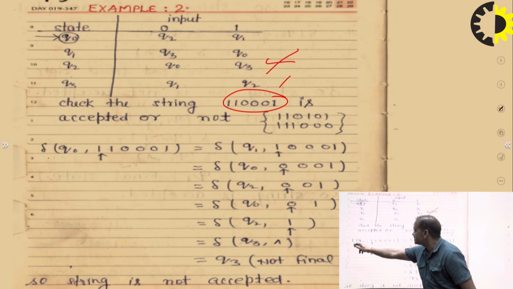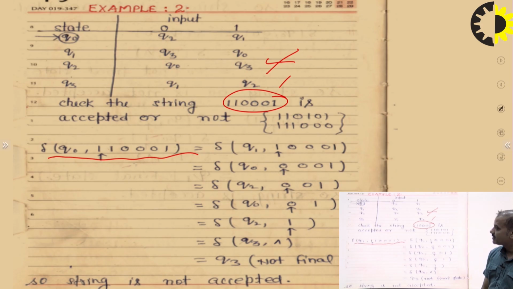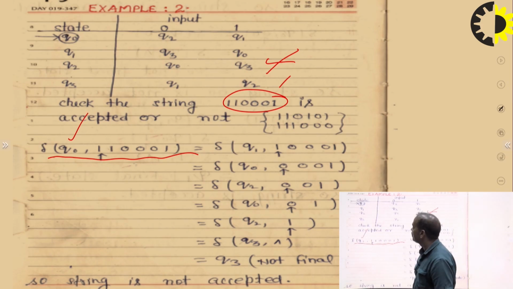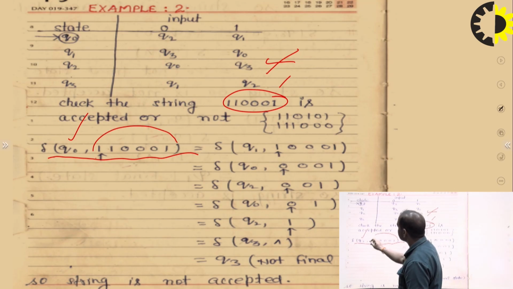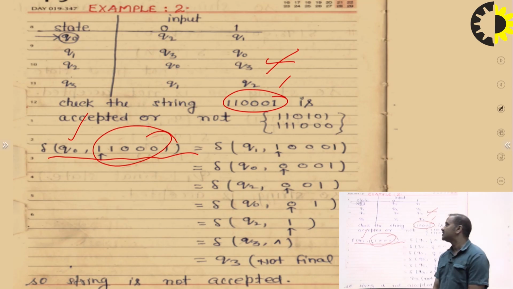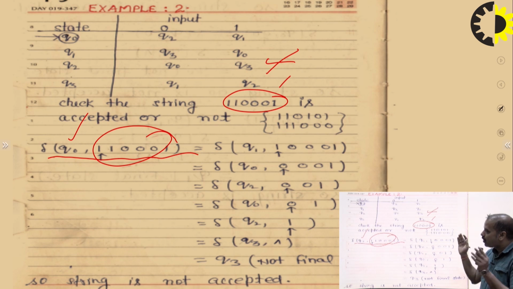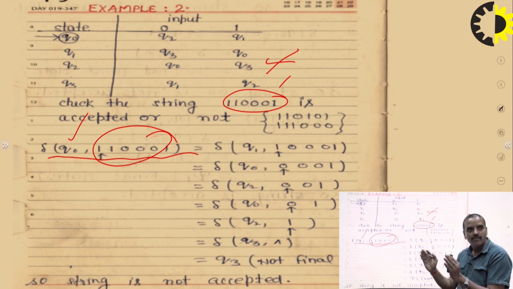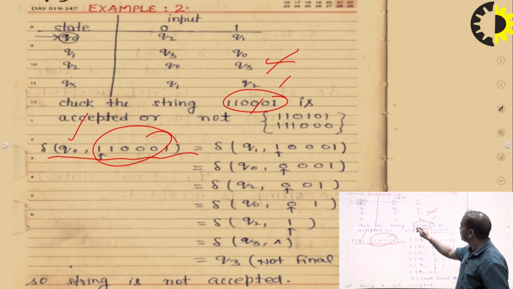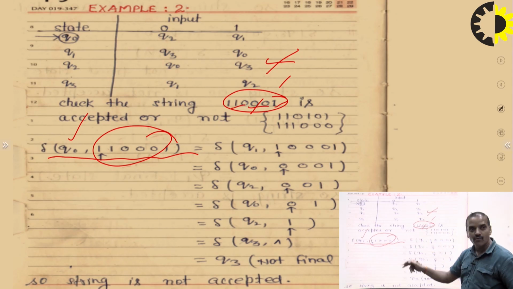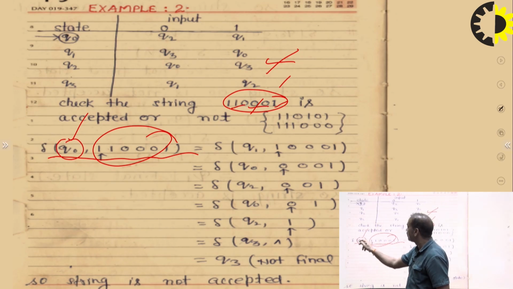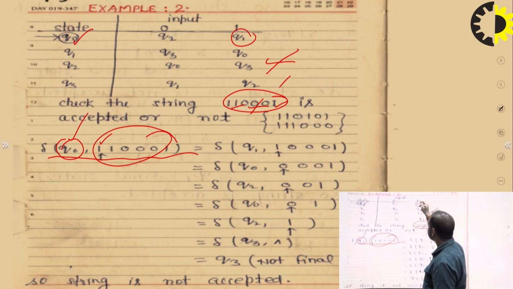Now, to process this string, we write as in the previous way. We take initial state Q0 and the input string 110001. We write the whole string in the same sequence, 110001. Now, state Q0, input 1. The next state is Q1.